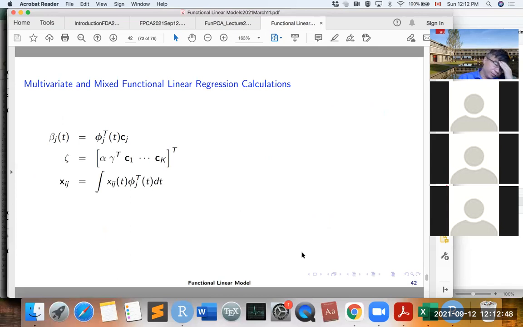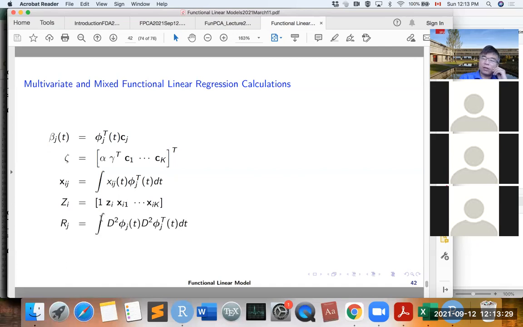So we write down all these basis coefficients, and alpha, gamma, the coefficients of the scalar covariates, as a big long vector of the parameters, and we calculate x_ij equal to the integral of X_i(t) times phi_j(t) dt. This x_ij can be calculated, and then we write down a long vector z_i consisting of the scalar covariates and also this x_ij.